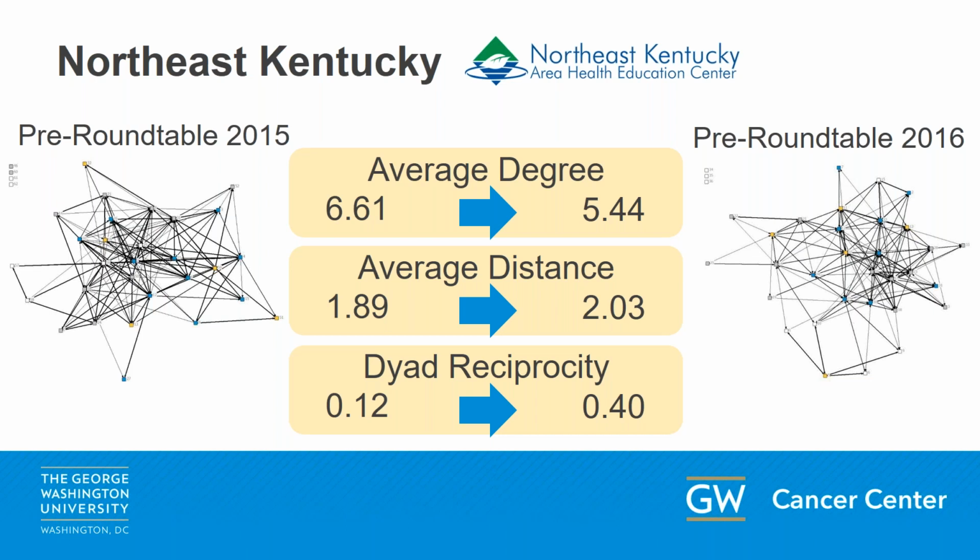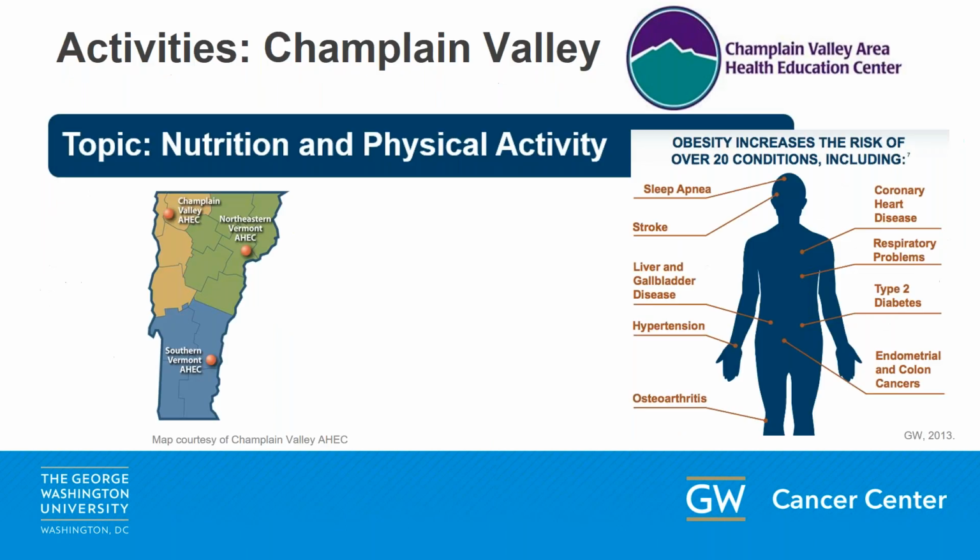So both average degree and distance indicators tell us that the challenge for Kentucky over the following year would be to strengthen those new relationships. But as you can see, the dyad reciprocity indicator increased, which means that communication between participants became increasingly more reciprocal and that the conversations between cancer and chronic disease was materializing.